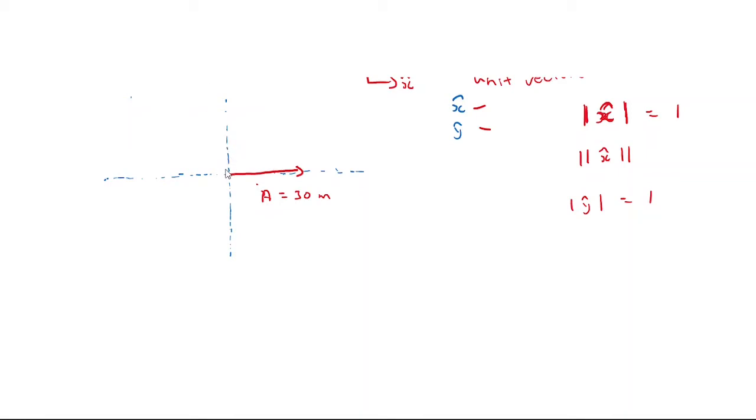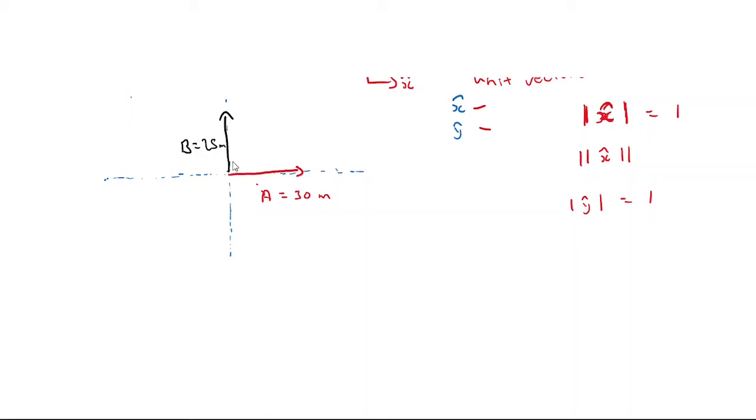I don't want to change units. Now let me say I have a second vector, vector B, and vector B is in that direction, and let's give it 25 meters. All right, so these are the two vectors.